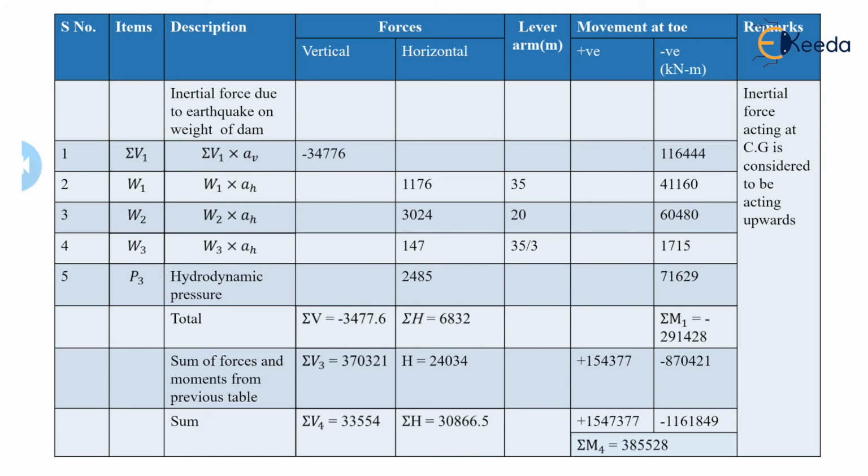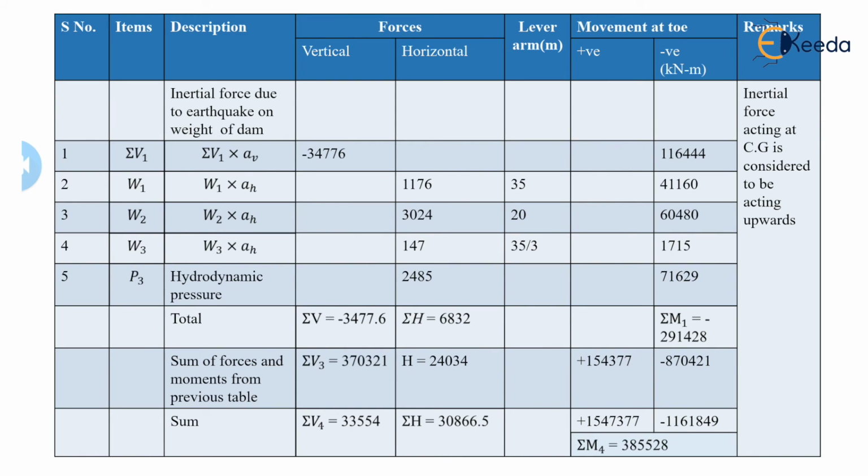So the hydrodynamic pressure we had found out in a previous slide, that is 2485. It acts in a horizontal manner only, and its moment will be in a clockwise direction. Again, its sign is negative.